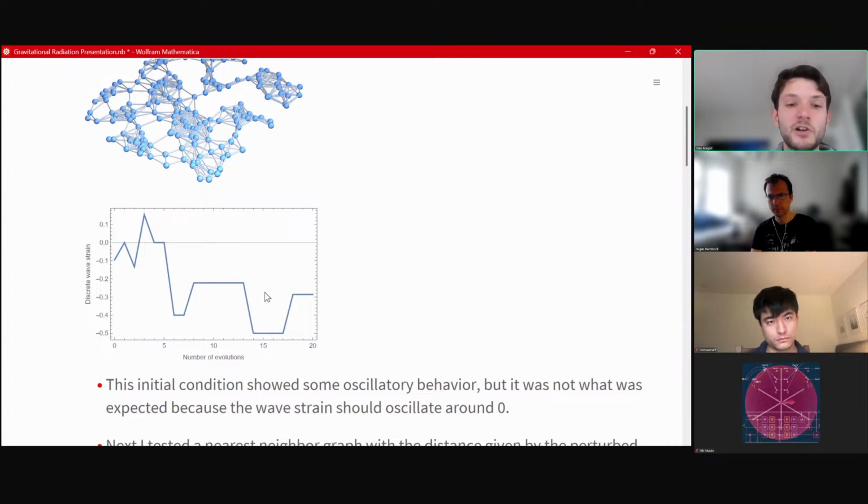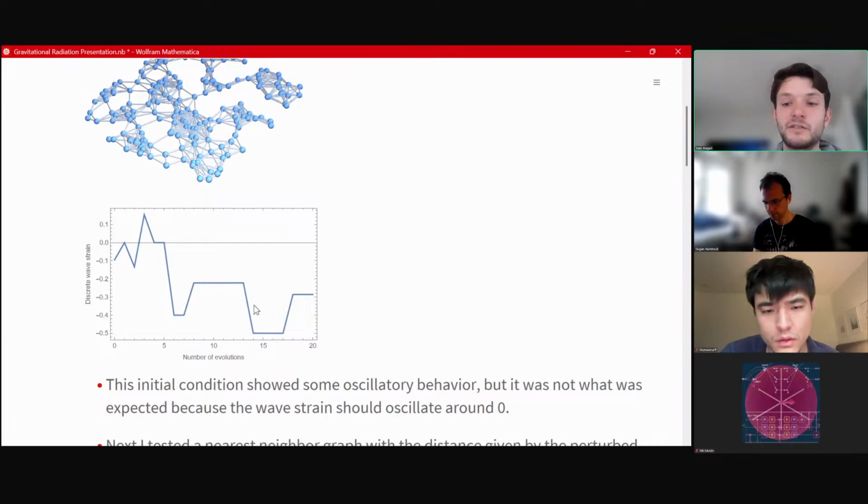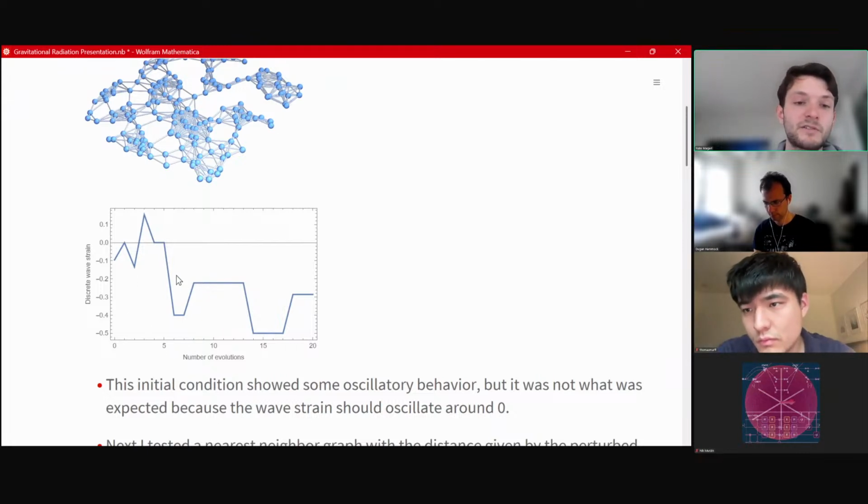But in the future, I do want to revisit this and look at the causal structure of the evolutions and how you can choose different orders, and maybe make a similar kind of graph, but average over all the possible states that you could be in after a certain number of evolutions, because maybe in that aggregate, I might get more reliable results.